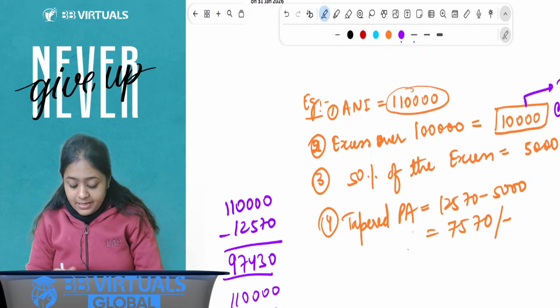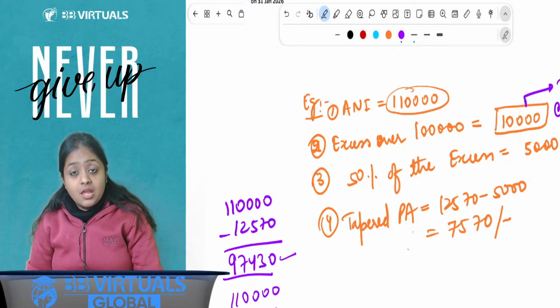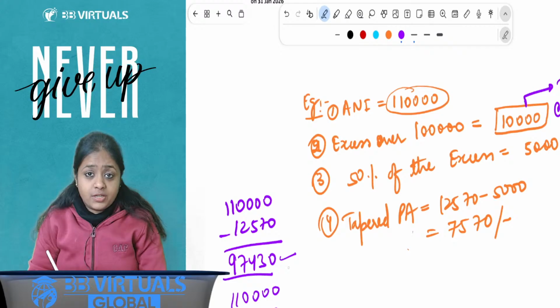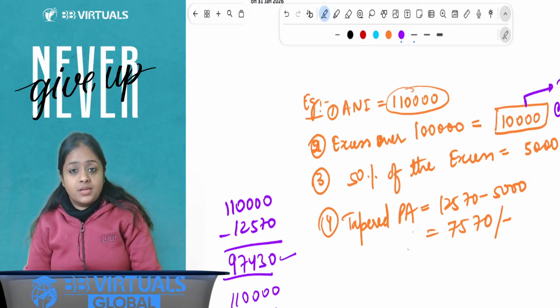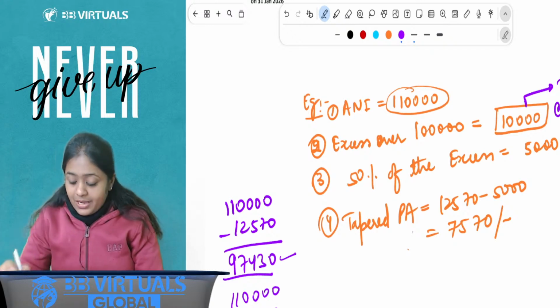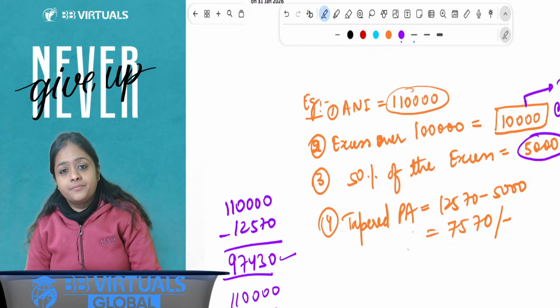The 37,700 basic rate band remains the same because here also it was exceeded, here also it is exceeded. The difference is that here less income was there in 40%, here more income is there in 40%. How much more? 5,000. 5,000 is the difference, correct? So I can say that on this 5,000 also I am paying tax at the rate 40% only.